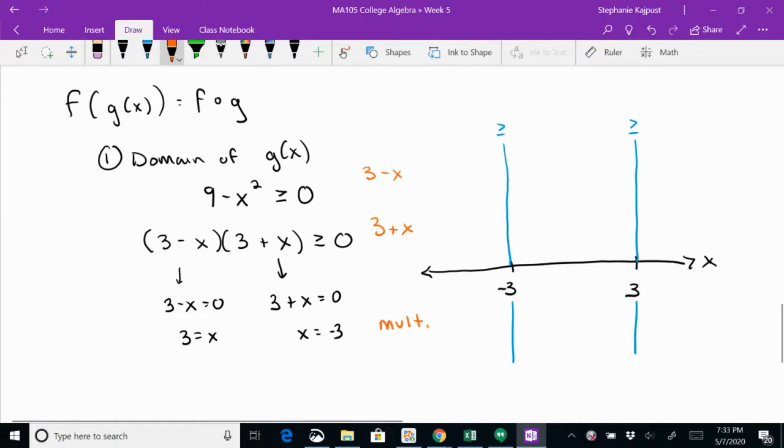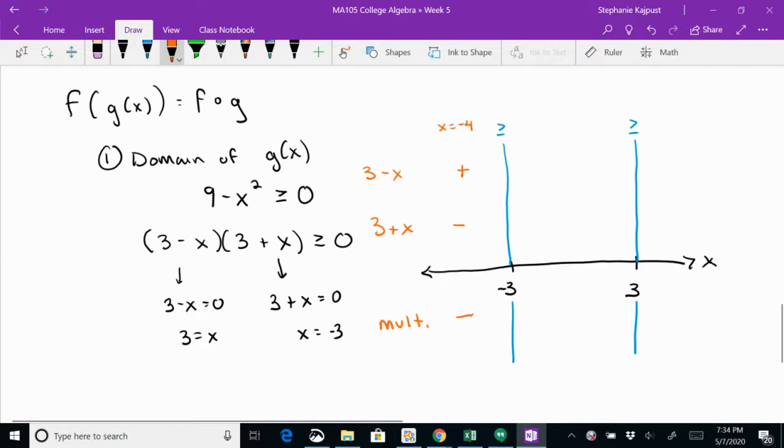For the interval to the left of -3, let's say I plug in -4. If I plug -4 into 3 minus x, that's 3 minus -4, so that's 3 plus 4, which is 7, so I get a positive. If I plug -4 into 3 plus x, that's 3 plus -4, which gets me -1, so that's a negative. And a positive times a negative is a negative.